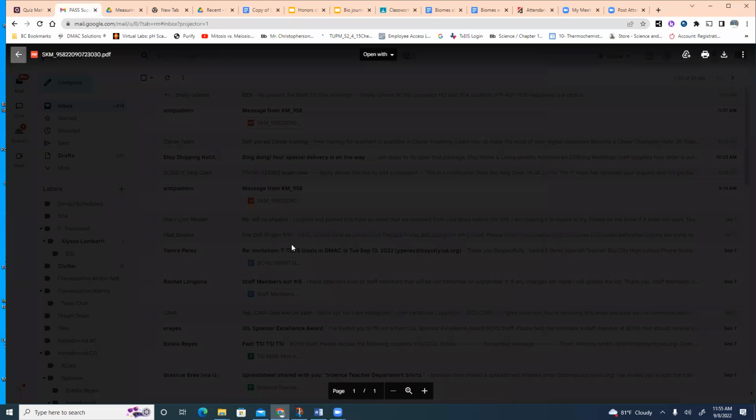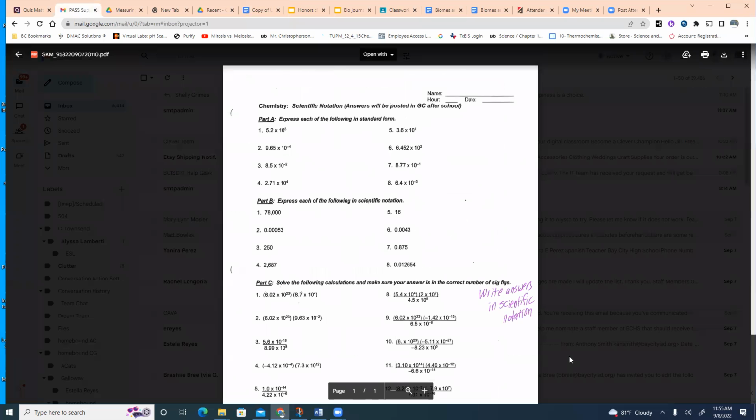So we already talked about the one with the temperature changes. On the other side, you're doing different things with scientific notation. You either have something and you need to change it from scientific notation to standard form, which is what we're used to doing, or vice versa. When you get to part C, your answer should be written in scientific notation. Also make sure that you maintain the correct number of sig figs down there on the bottom, because you're going to do that calculation in your calculator and then look at what you started with.